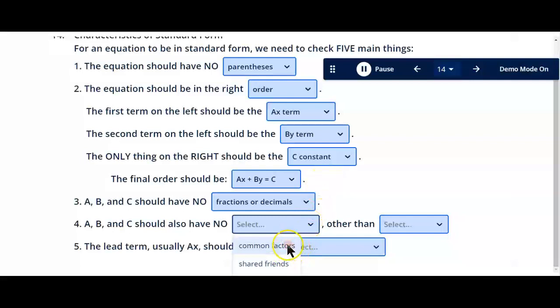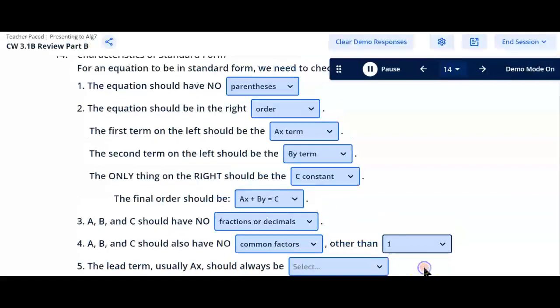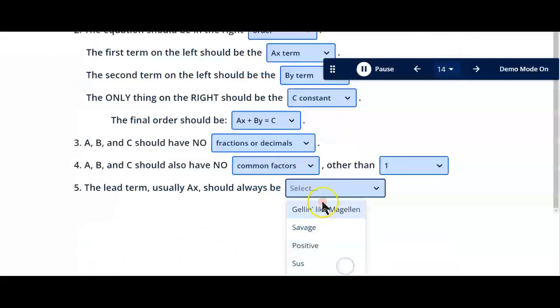Common factors. Factors other than 1. Or shared friends other than Fred. Okay. And then the lead term, which means the front term, which is usually AX, should always be what, Ella? Positive.